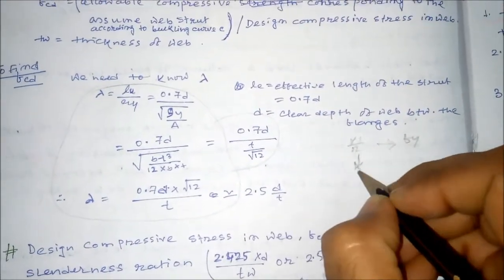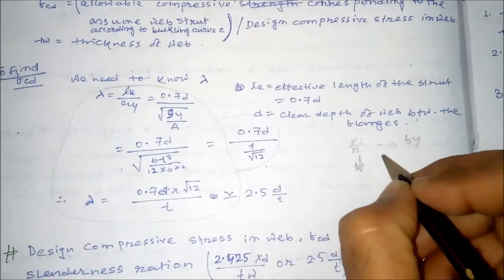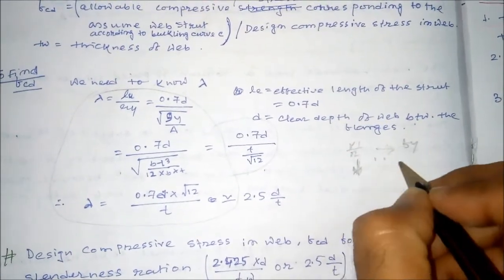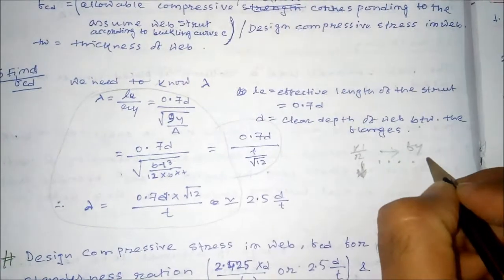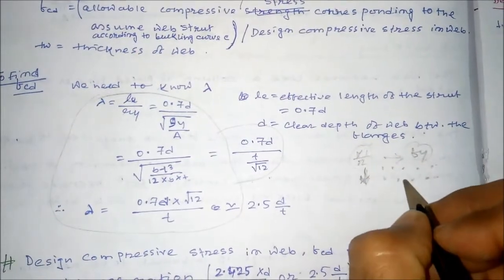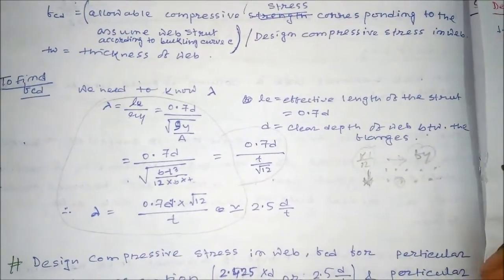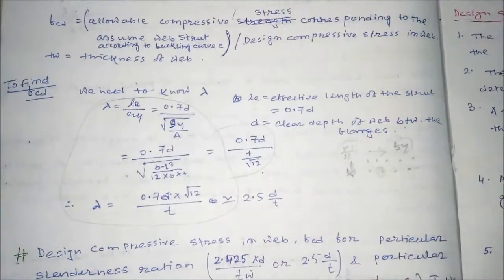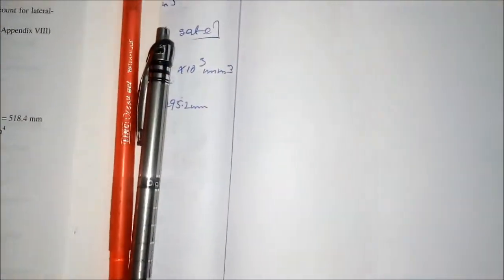For these two, various values of fcd are given. Now if fy is known and KL by r is known, you will get your fcd value from this table, right? So let us take our example.